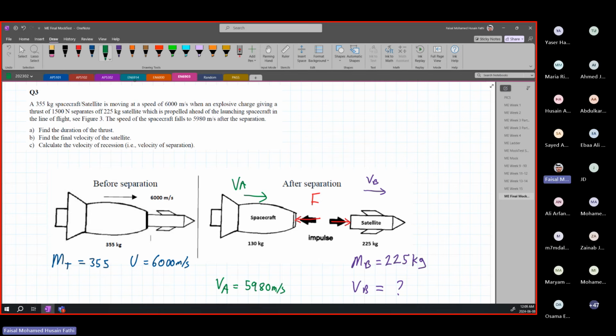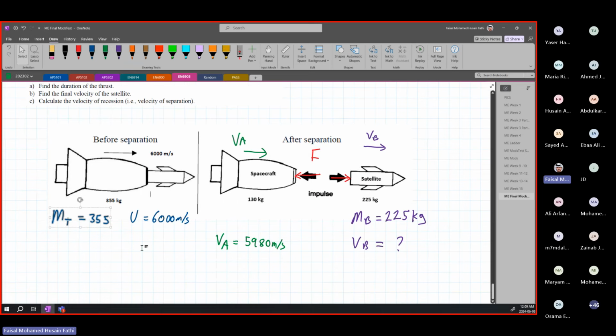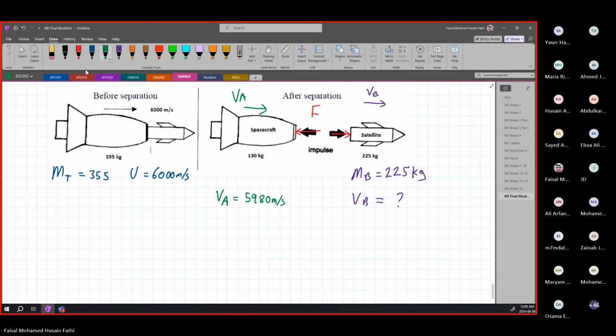Before I even get into the thrust, let's analyze what we have. So we had an M total over here. The total mass of the payload, the spacecraft with the satellite, is 355 kilograms. The satellite is 225 kilograms. What will be the mass of the spacecraft? Yes, it is given here as 130, but how do you get this if it was not given?